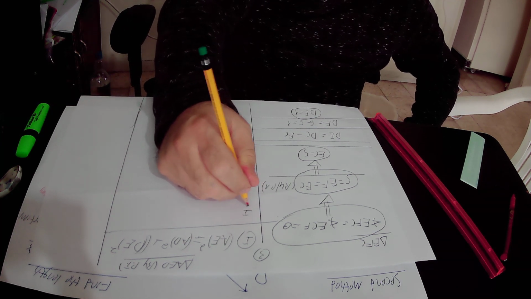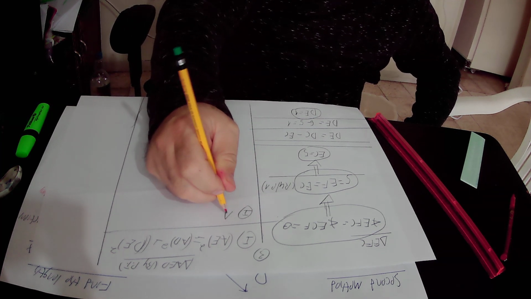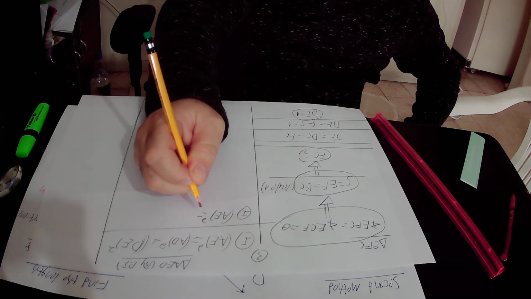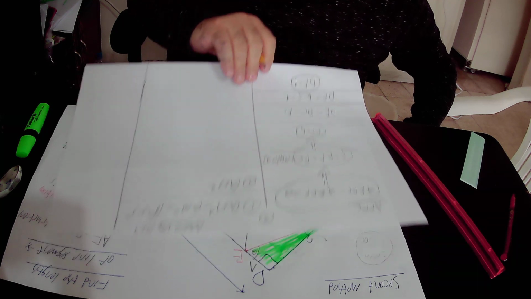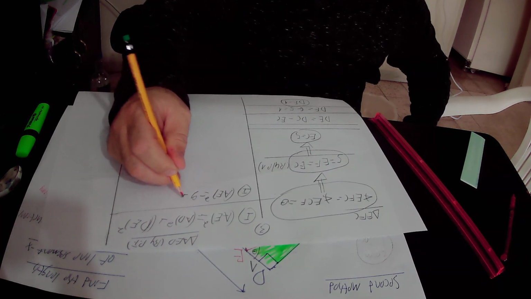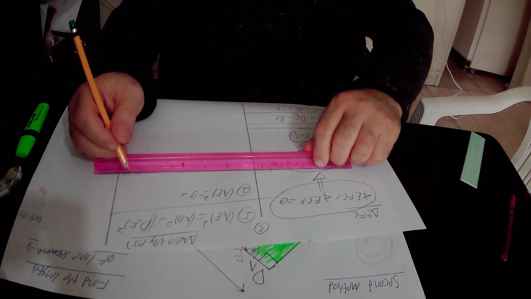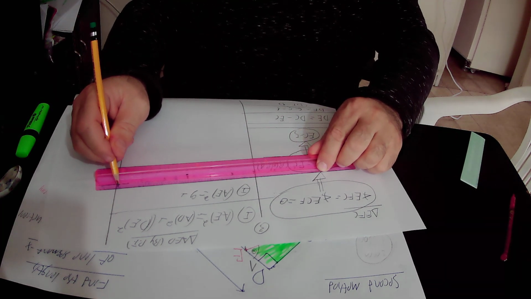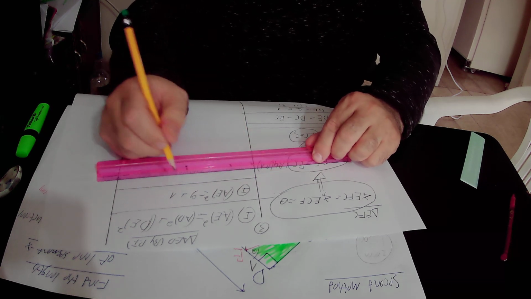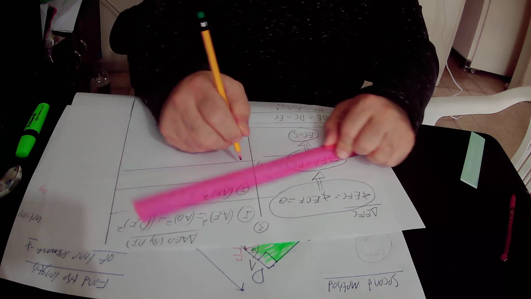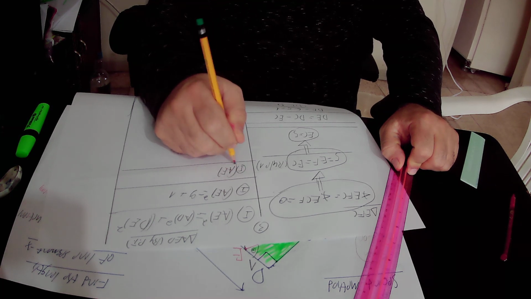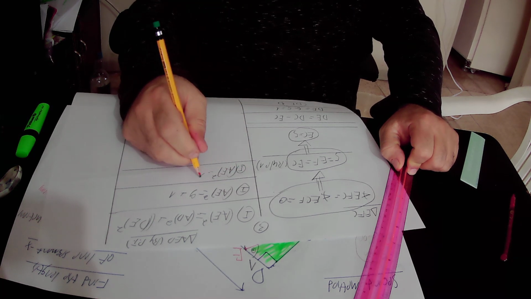So according to equation number 1, AE squared equals AD squared. AD equals 3 units, so AD squared is 3 squared, that is 9, plus DE squared. DE equals 1, so DE squared is 1 squared, that is 1. So in conclusion, according to equation number 1, AE squared equals 9 plus 1, that is 10.